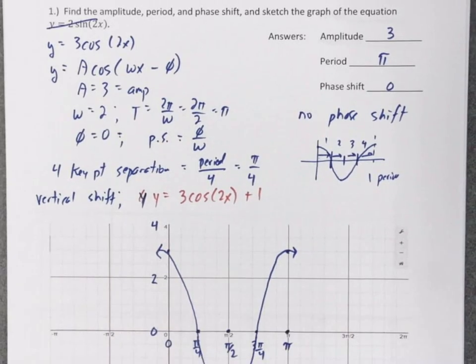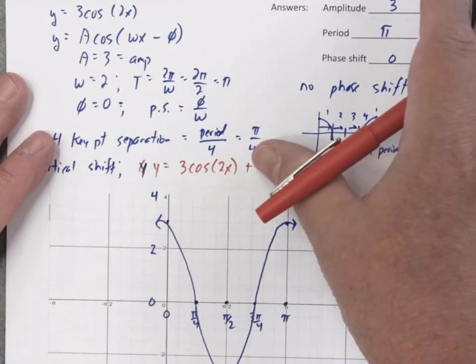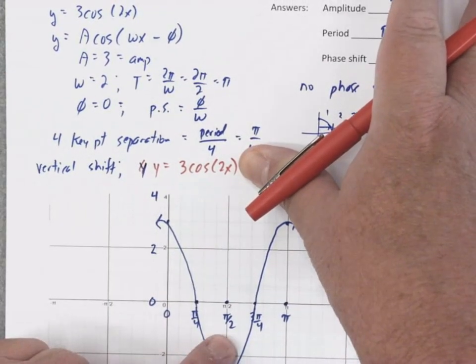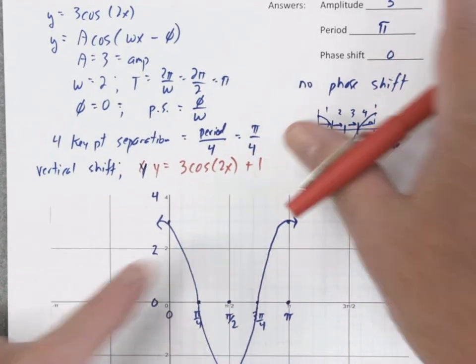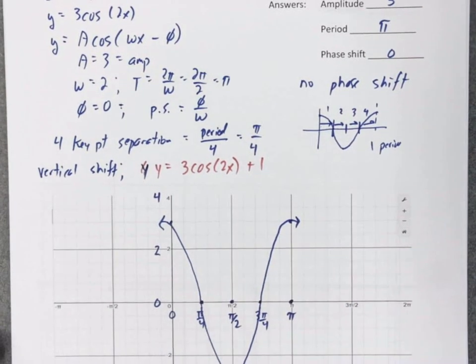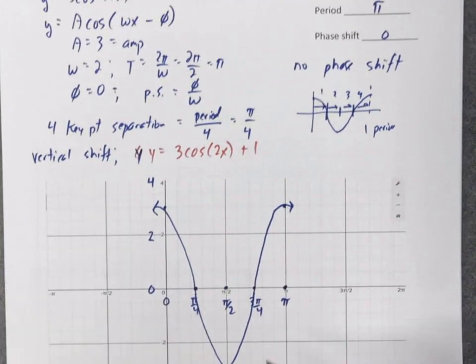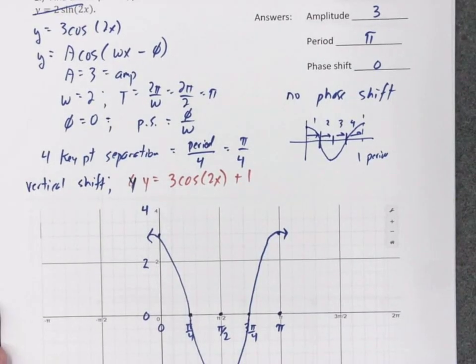The reason it's called a vertical shift, what that's going to do is then you're going to take this original graph and we're going to move the whole thing up 1, since it's a positive 1. If it was a negative 1, you move it down 1. If it was plus 2, you'd shift the whole graph up 2.